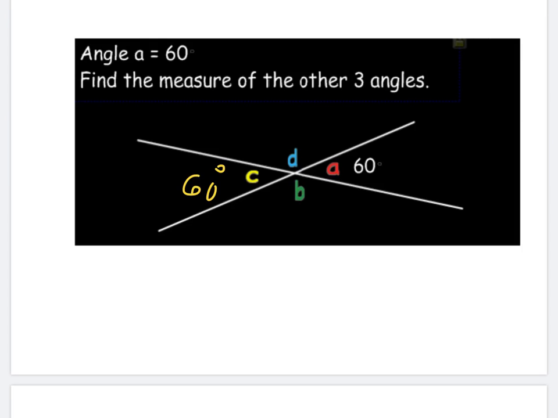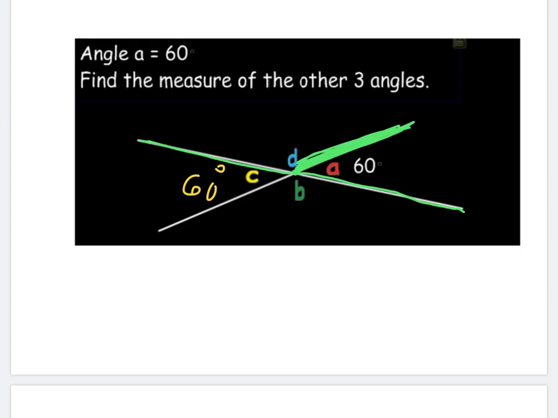So let's take a look at some things that we know and incorporate some of the stuff that we learned in the previous lesson on complementary and supplementary angles. If we're looking at angle A, it starts down here, and I'm tracing it in green, and ends up here. Angle D starts off where angle A stops, right here, and then opens up and goes down here.